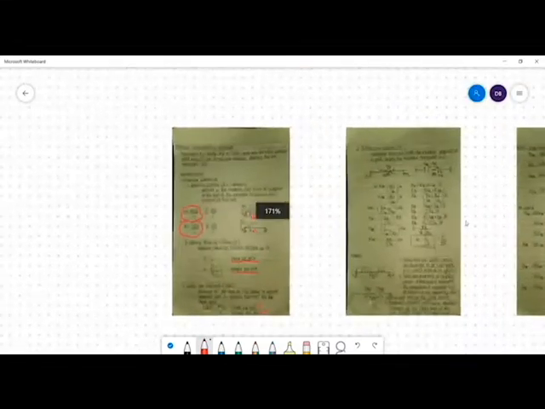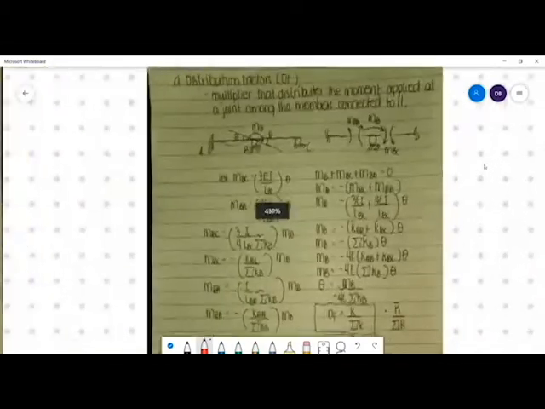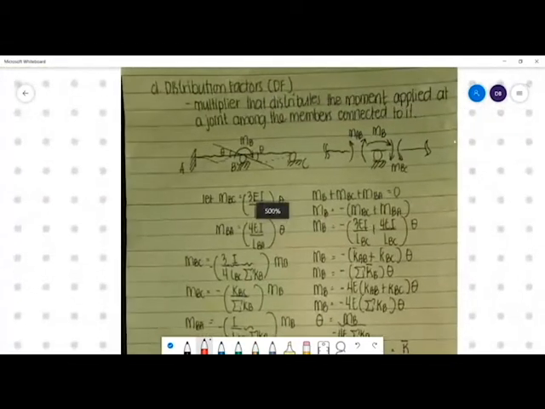Okay? Next term that we need to remember is what we call the distribution factor. A distribution factor is a multiplier that distributes the moment applied at a joint among the members connected to it.